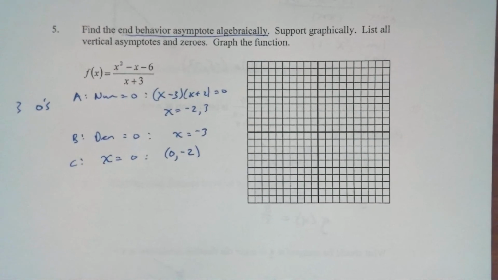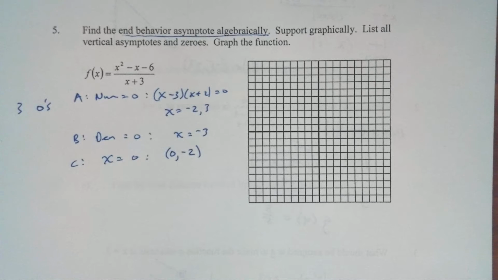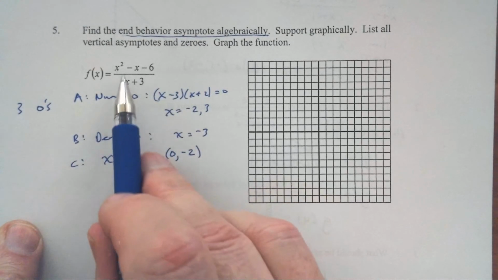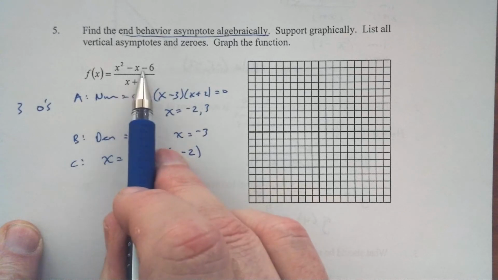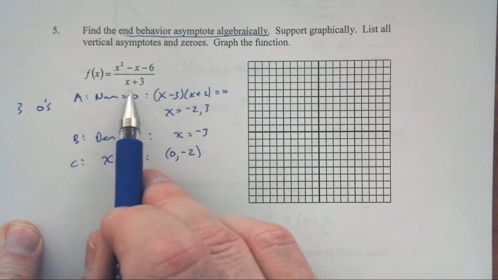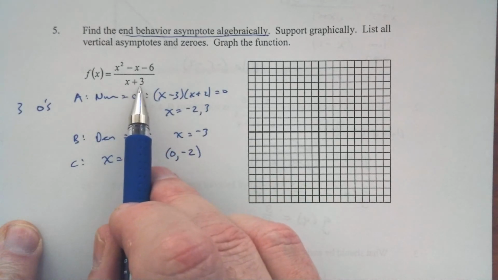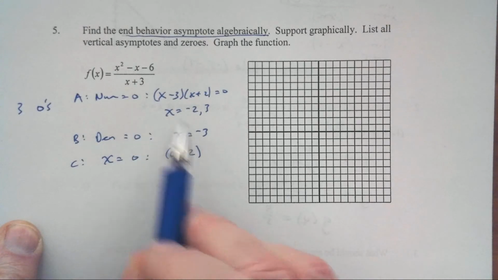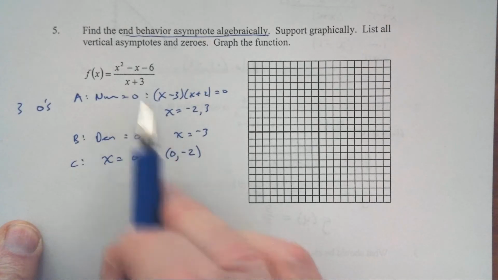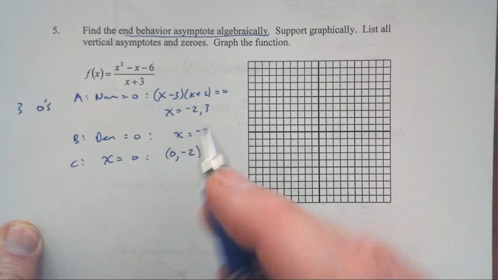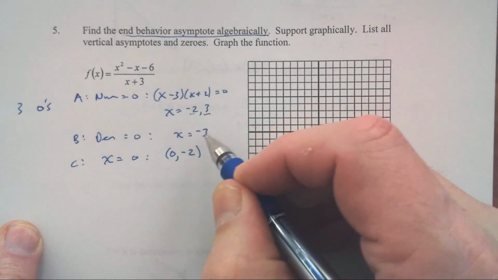Why do I do those? Well, those are going to reveal some important pieces for the graph, and I know that the only place that this function can be 0 is when the numerator is 0. And I know the denominator can't be 0. This is usually indicative of a vertical asymptote. What I have to check is, do I have a match?